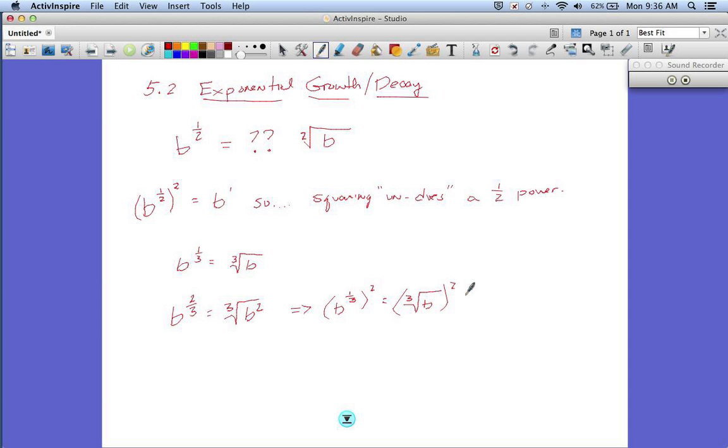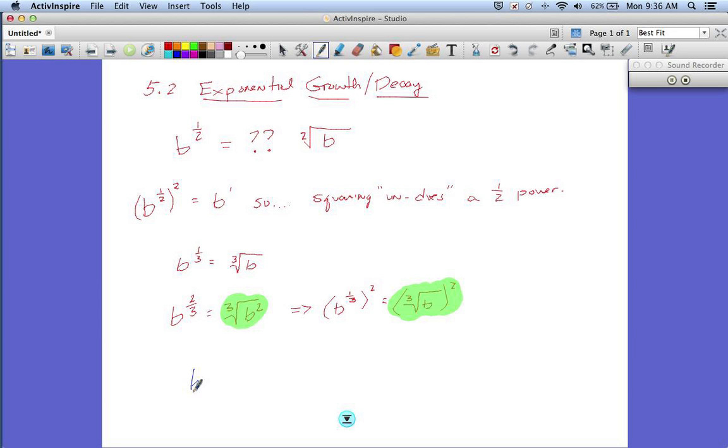Those are equivalent expressions no matter how you write it. If you want to square it first, it makes no difference. In a nutshell, that is our powers with rational exponents.